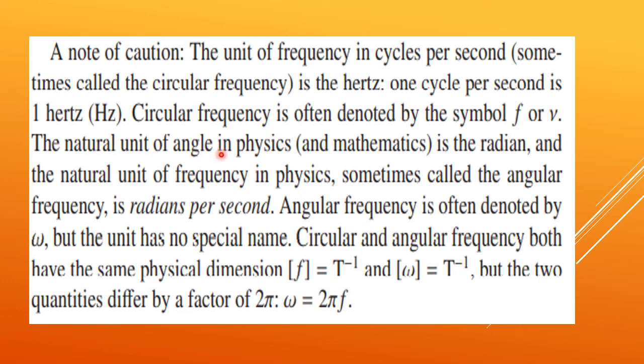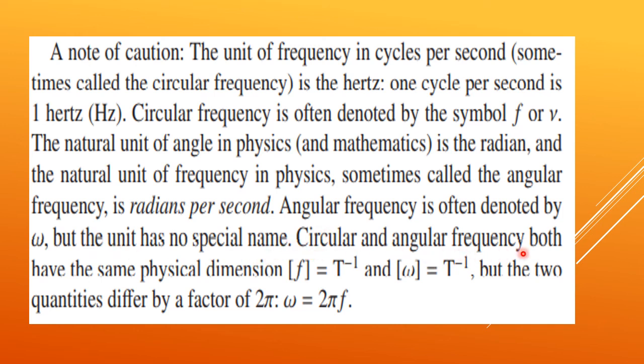The natural unit of angle is radian. Okay. So the natural unit of frequency is sometimes called the angular frequency, and the unit is radian per second. So angular frequency is often denoted by omega, and its unit has no special name.